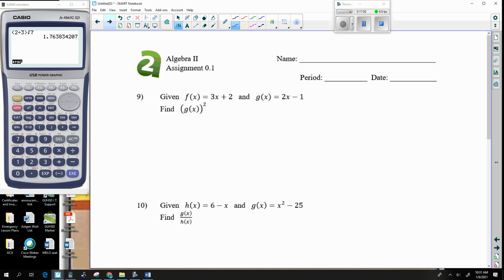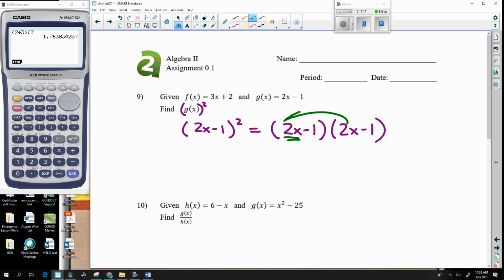All right, here we have a similar problem, but this time notice it's the g of x that is being squared. So this is g of x squared, which is the same thing as saying 2x minus 1 times 2x minus 1. So we start with that 2x, multiply. So that's going to be 4x squared minus 2x.